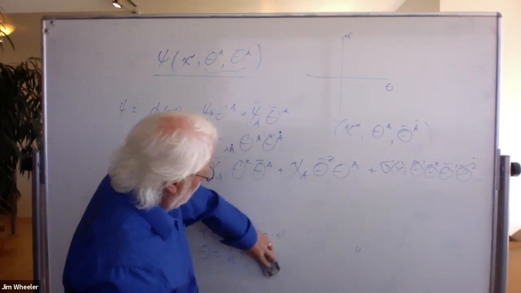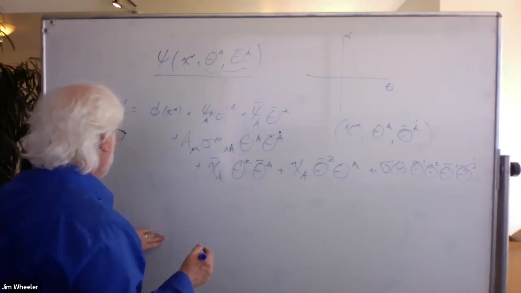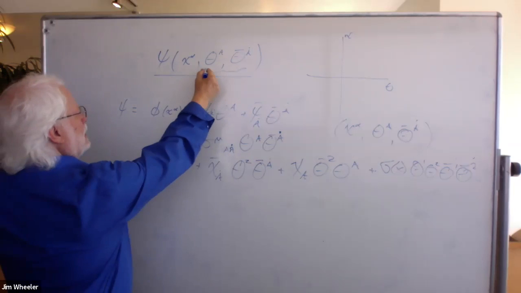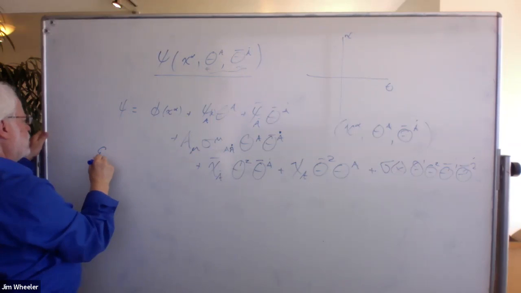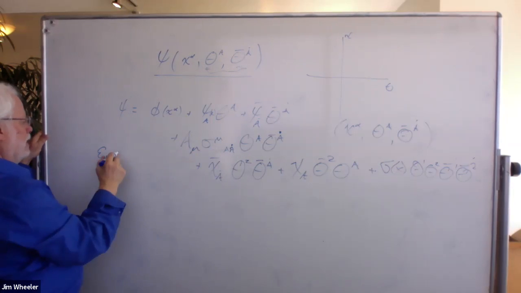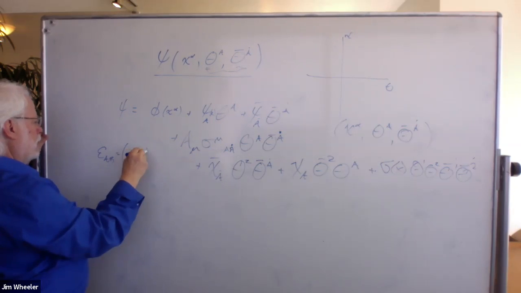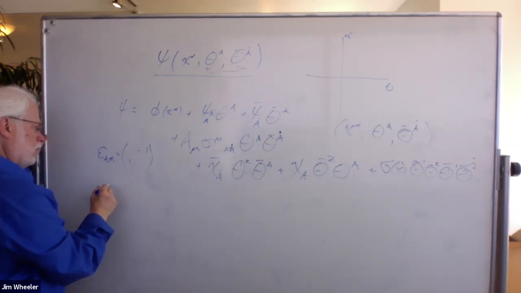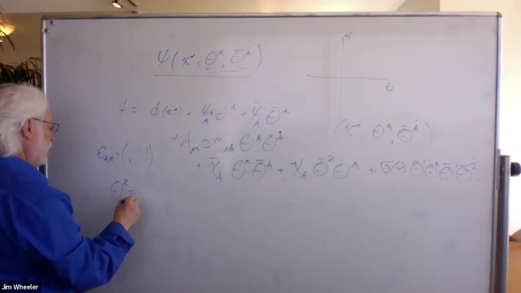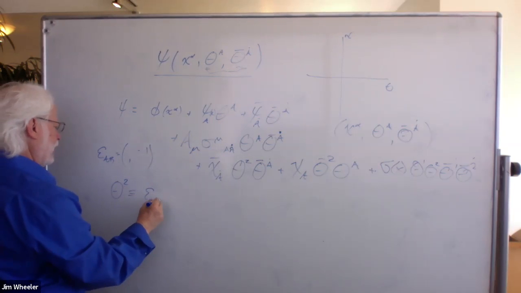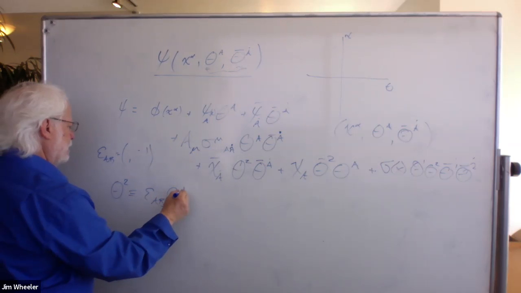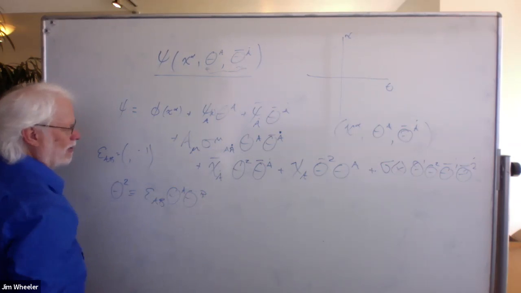Sorry, why isn't theta squared 0 in the first one? I'll show you. Right, these are each in 2-dimensional spaces, so you have a 2-dimensional Levi-Civita, like this. And so what theta squared is defined as is epsilon theta A theta B. It's just a shorthand way of writing it.